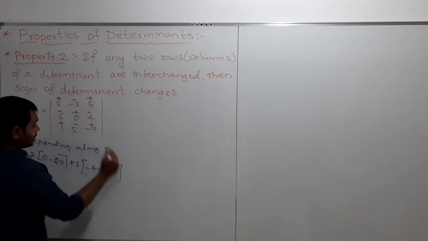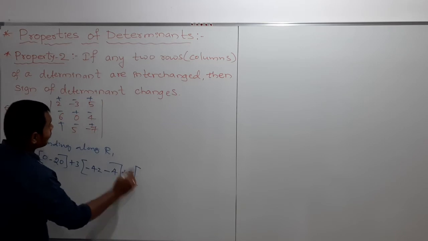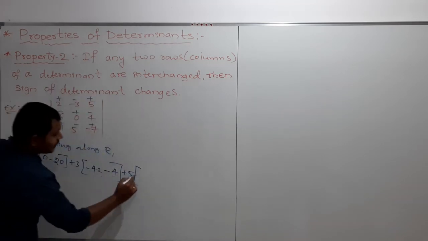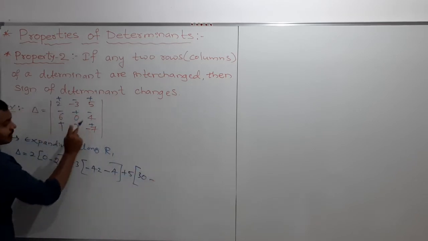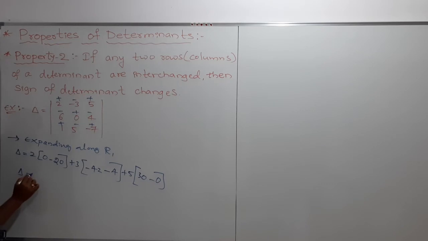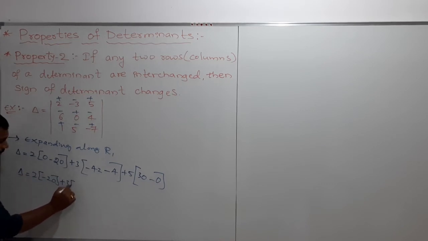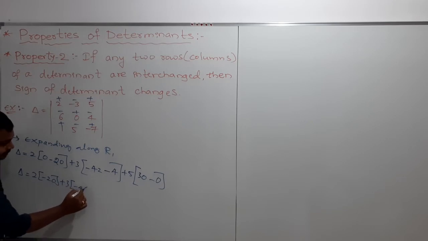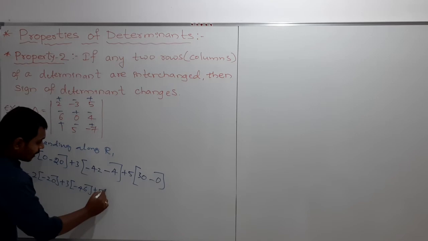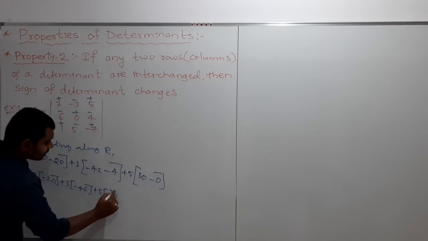Clear? And next, my students, here it is plus 5. Plus 5, again leave this row and this column: 6 into 5 is 30, minus 1 into 0 is 0. So further if you simplify, delta is equal to 2 into minus 20, plus 3 into minus 42 minus 4, which is minus 46, plus 5 into 30 minus 0, which is 30.